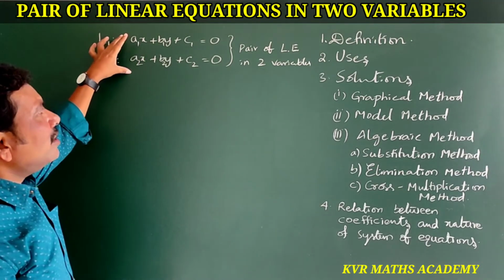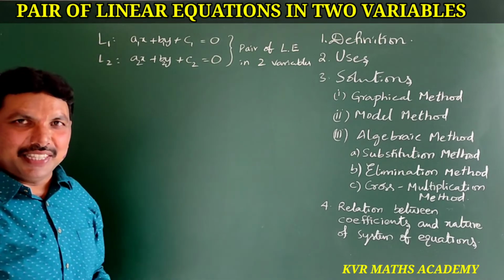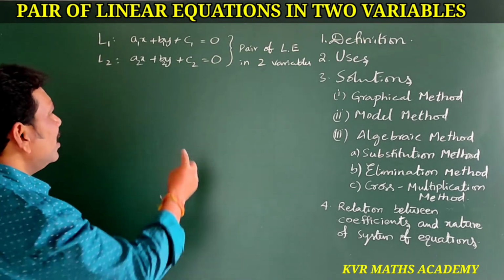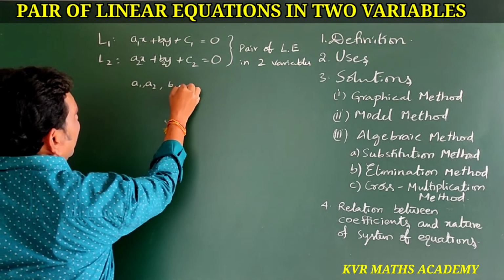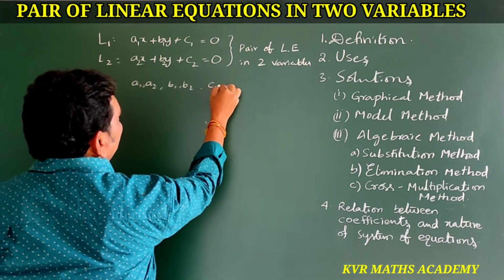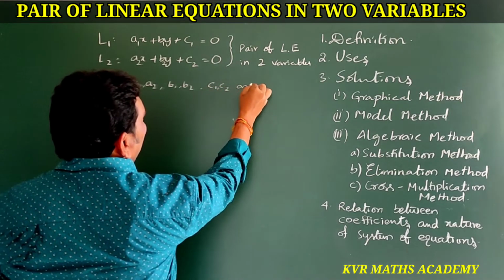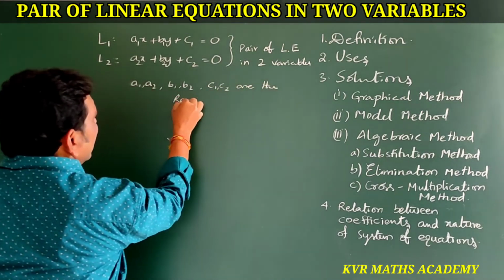Next, what are the conditions applying for this? Here a1, a2, b1, b2 and c1, c2 are real numbers.